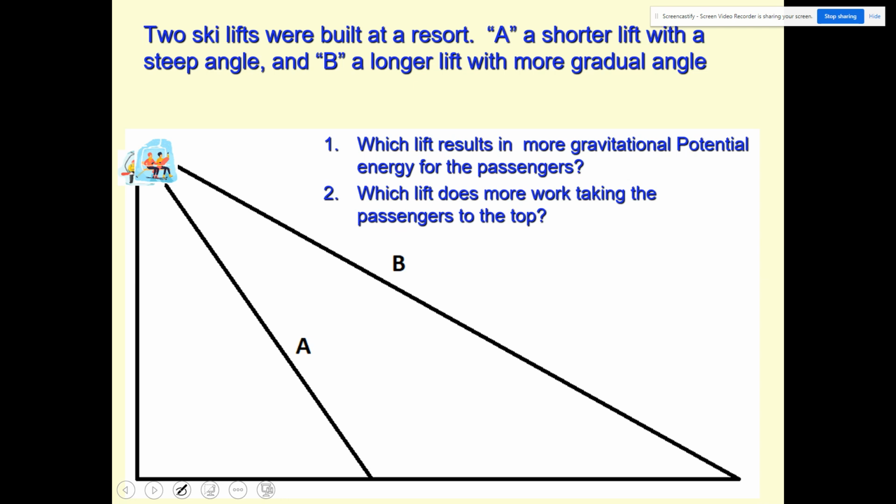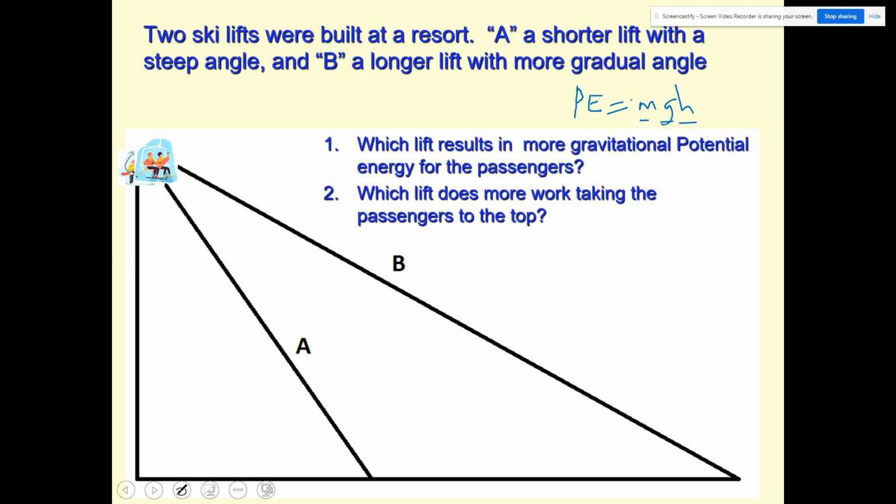Potential energy, if you remember what your formula for potential energy is, PE is equal to mgh. Well, if the ski lifts have the same mass, the same gravitational pull from the earth, and they go to the same height, then I would say that they have the same exact gravitational potential energy.